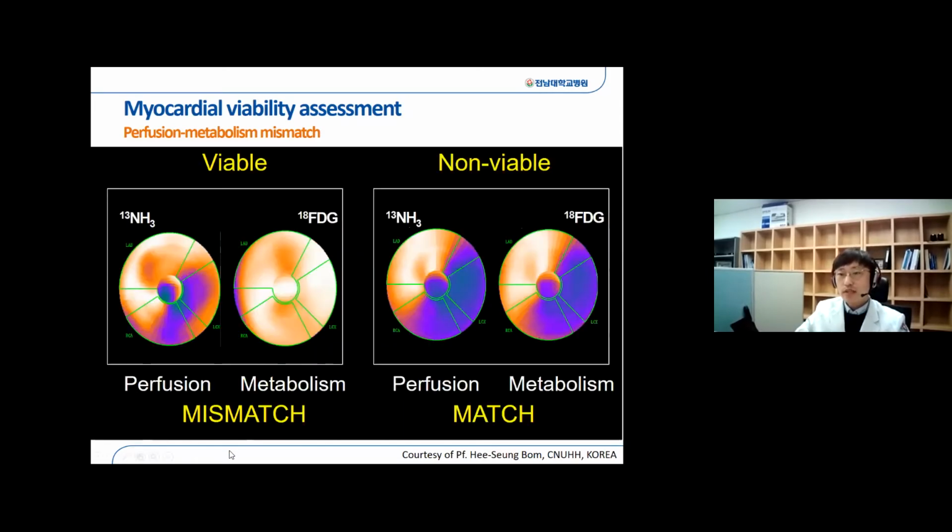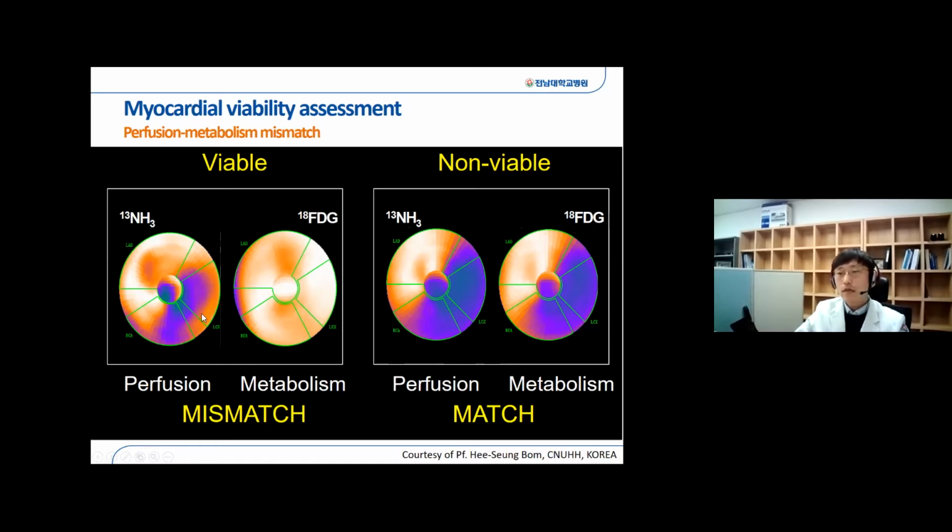Even in the presence of infarcted myocardium, as you can see here on the resting 13N ammonia PET images, there can still be preserved glucose uptake because the myocardial metabolism is shifted to glucose oxidation or anaerobic glycolysis. But if the glucose metabolism is also impaired, then the myocardium can be considered non-viable.